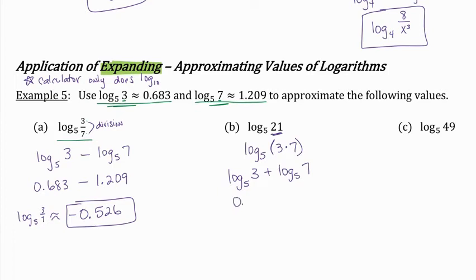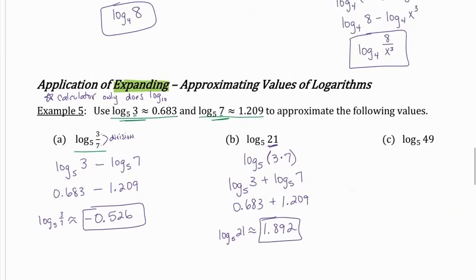So this would be 0.683 plus 1.209. And if we add those together, we get an approximation for log base 5 of 21 of approximately 1.892. I say approximately because we're rounding here, right?